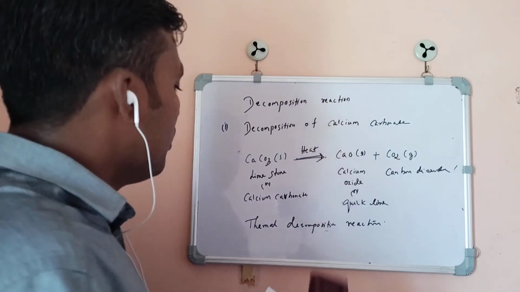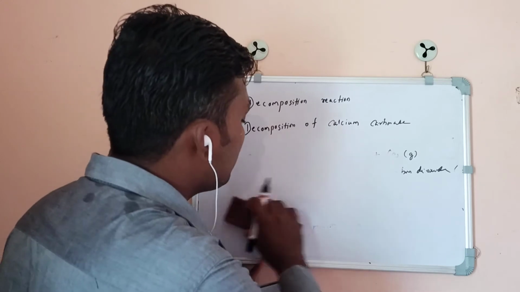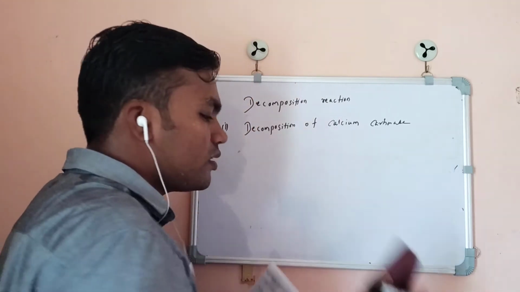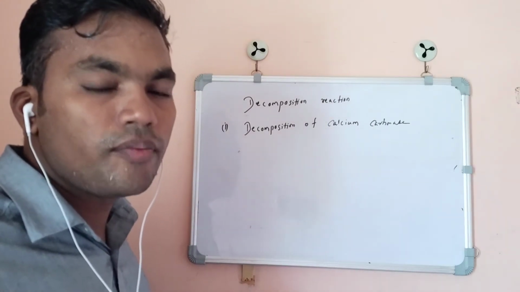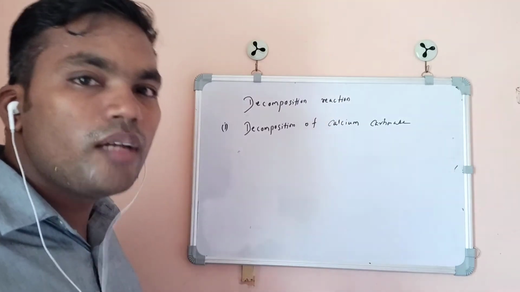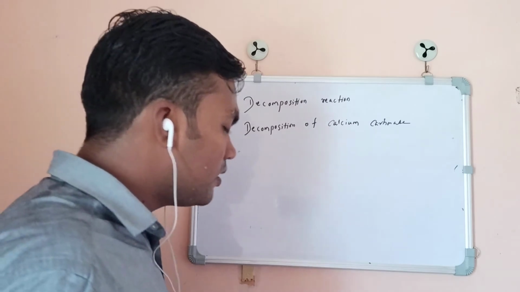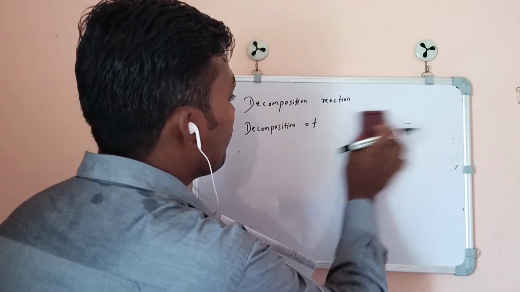Please note these important points that I am discussing in this video. Once you understand the concept behind these decomposition reactions, you cannot forget. When you are going to write your exam, you will instantly be able to remember the points that I am discussing in this video. The third example is decomposition of lead nitrate.